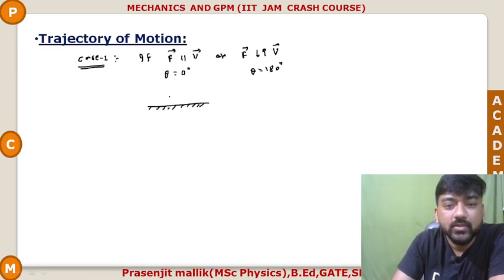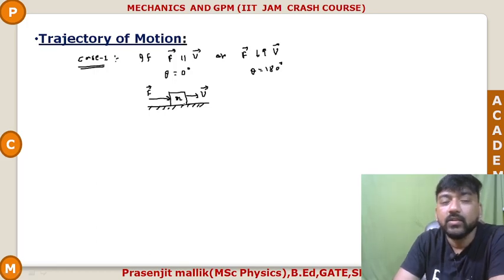So suppose we have an object of mass m, and the only force acting on this system is F, and v is its initial state of motion. The force is acting along the velocity vector v, that means F is parallel to v. You can see this force can change only the magnitude of v, not the direction. So the direction will remain the same.